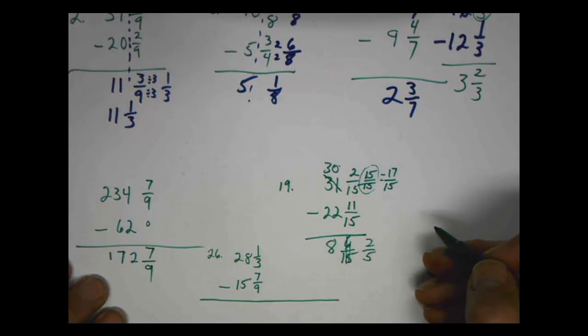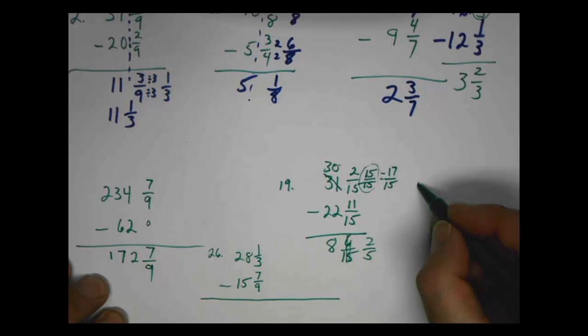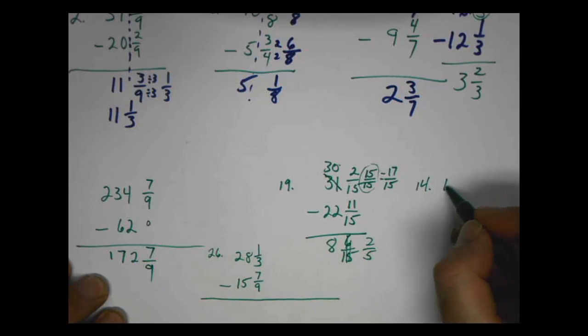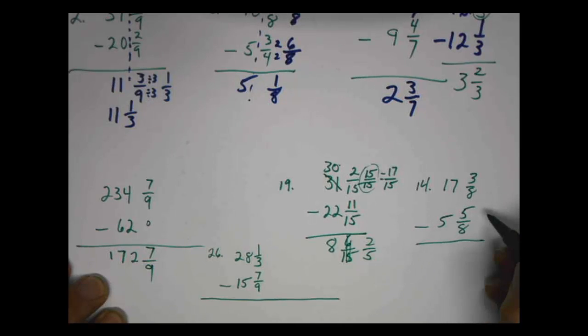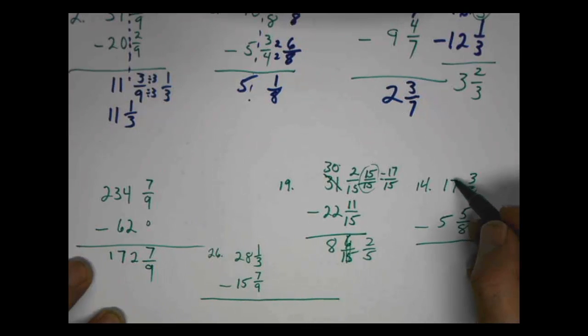Let's do another one of those type of problems. Let's go back and look at problem number 14, where I have 17 and 3/8, and I'm going to take away 5 and 5/8 from it. Well, I have common denominators, so that was nice again. So I have to borrow, so this becomes 16.